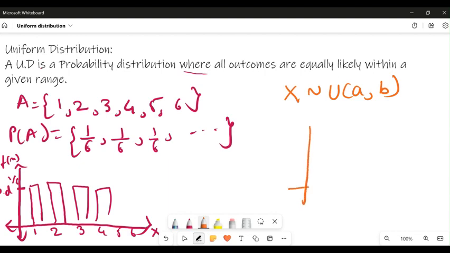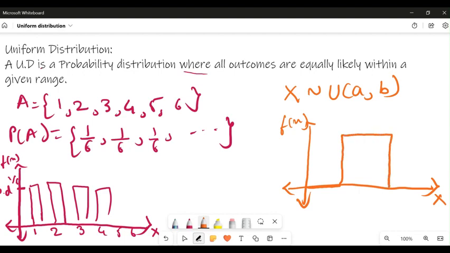Here is my x axis, and here is my function of x. If you look at any reference book or Google, you will get this type of plot. This is a, and this is b, and this height is 1 by b minus a, and the y-axis is the probability values.